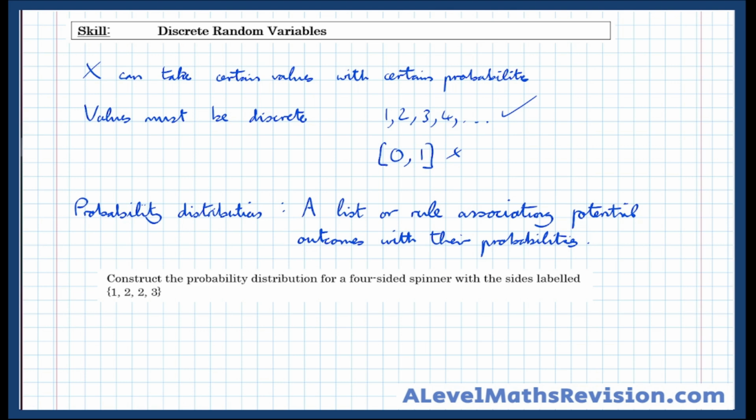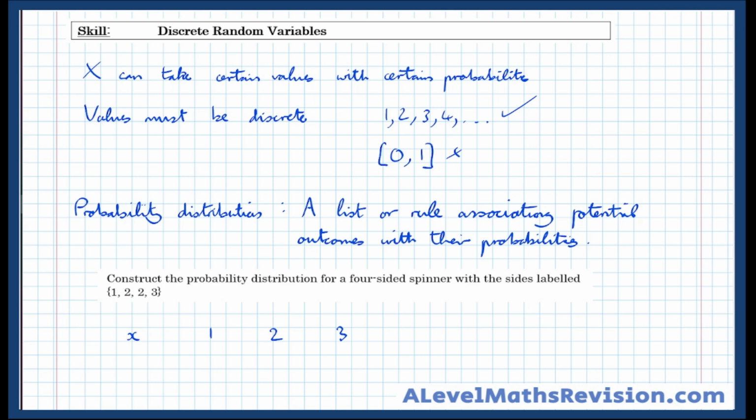I'm going to give this in sort of list, table form. So little x is going to be the potential outcome. Little x can take one of 3 values: 1, 2 or 3.